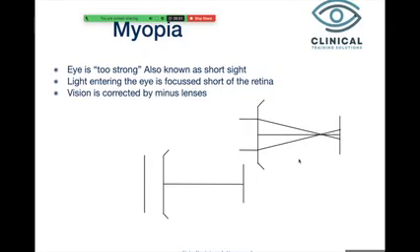They often have long eyes, just to confuse you. And then in this case, if we give them a minus lens, what will happen is some of the power will be taken away, and then the focus is nice and clearly on the retina. Okay, so minus glasses are myopes. That's how I remember it. And short-sighted patients are myopes as well.